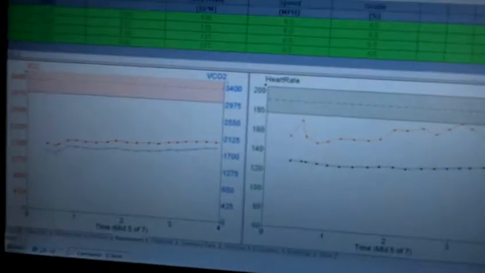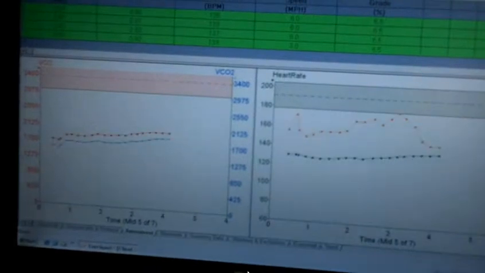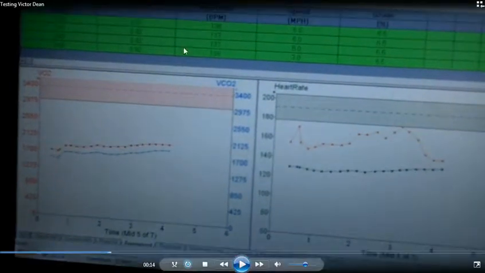We start the metabolic testing. We had Victor on his elliptical machine, and you can see here that Victor was a carb burner. He's got an RQ value of about 0.91, 0.92. That was about typical when we got started, and a heart rate in the 130s.